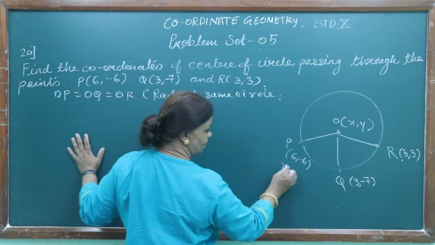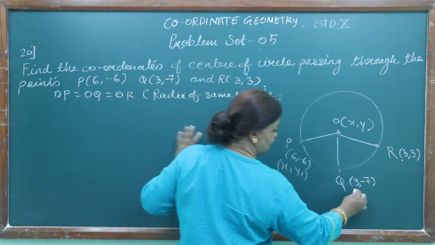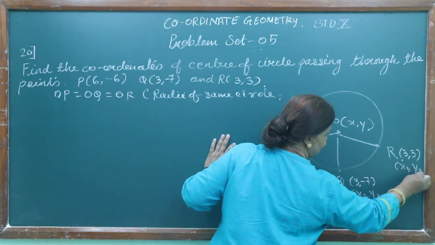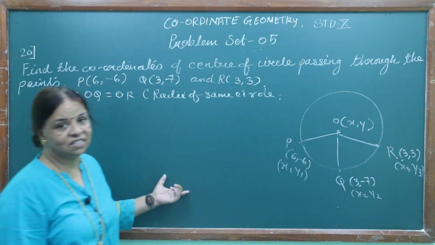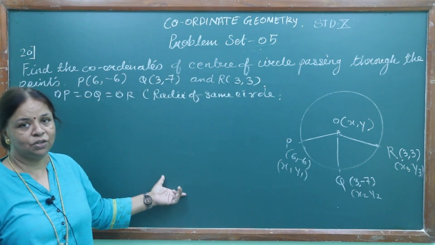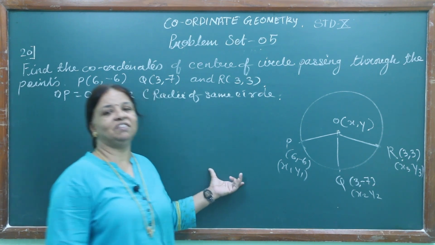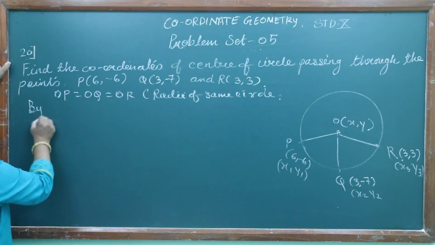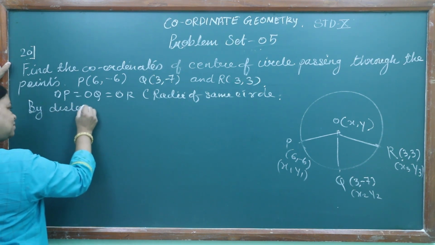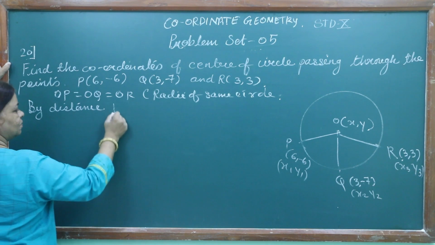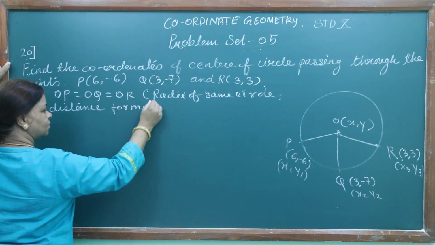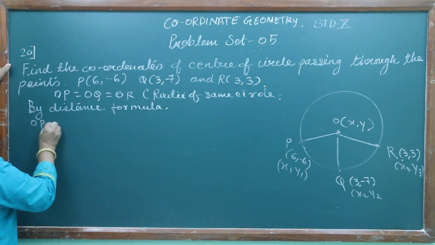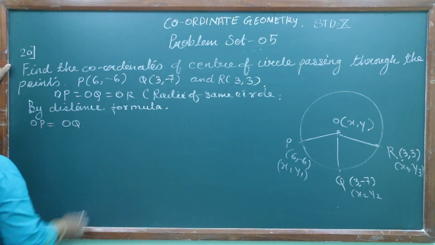Let me label this as x1, y1, this as x2, y2, and this as x3 and y3. Now, as we are dealing with the distance between the 2 points, then definitely we will be using the distance formula. So, by distance formula, children, let us take OP is equal to OQ.